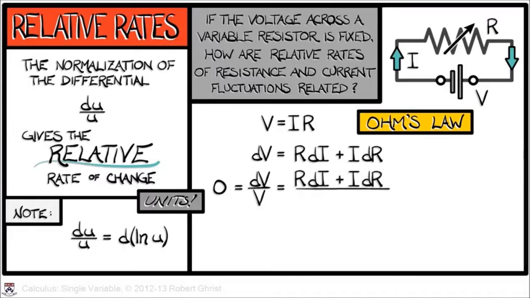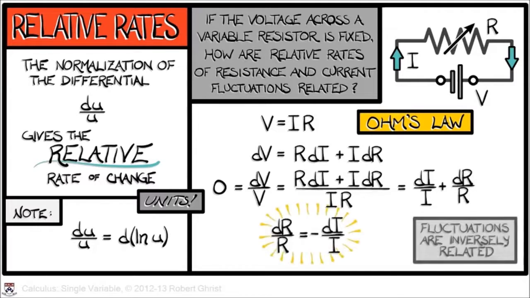So, dividing the right-hand side by V gives us what? Well, R dI plus I dR over I times R. That splits up into dI over I plus dR over R, meaning that the relative rates of change of R and I are inversely related.